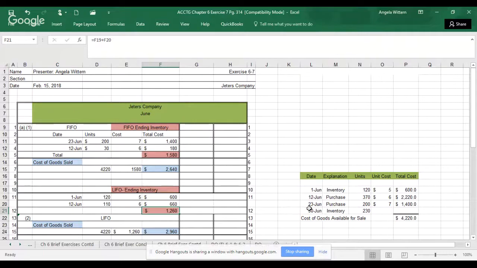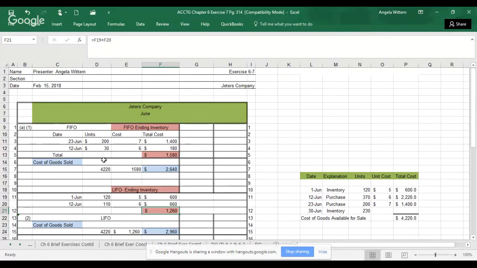So we're going to have our June 23rd and June 12th purchases. We have a total of 230 as our inventory count. So my first 200 units are going to come from the June 23rd purchase of 200 at $7 a piece, and that total is $1,400.